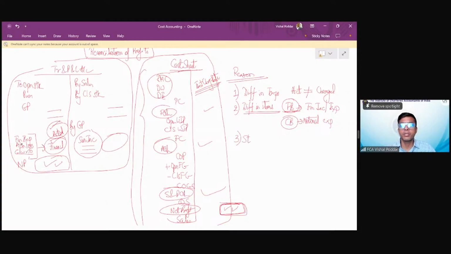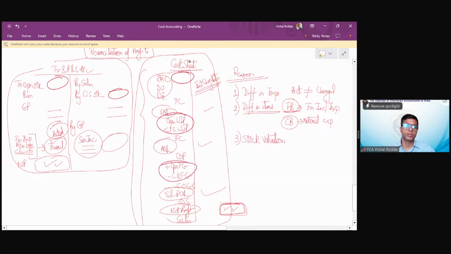And the third reason is stock valuation. Now, what is this stock valuation? In stock books, you have opening closing stock in raw material, in WIP, in finished goods. Now, these stock values also differ. So you will have all the stocks in both books.